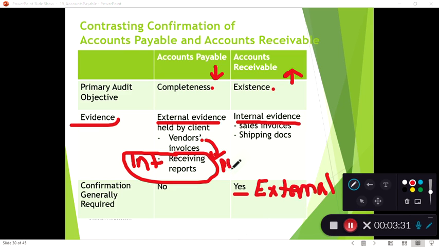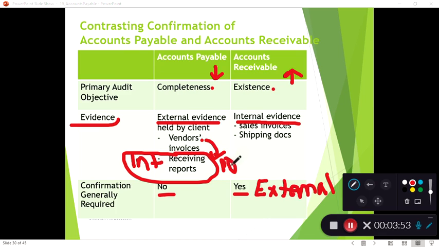Does it comport with the purchase orders? Do we have an agreement between external and internal evidence? Then that's usually good enough, and we usually don't need to do accounts payable confirmations. Again, I'm not saying they're never done, but generally we don't, as auditors, need to do those because some of the evidence we already have is external.